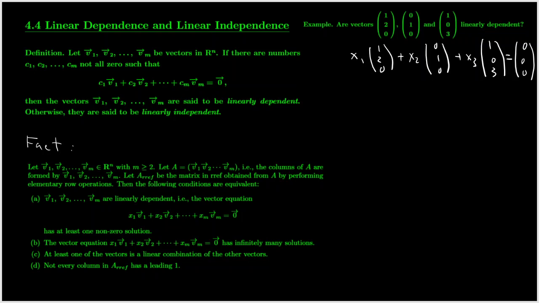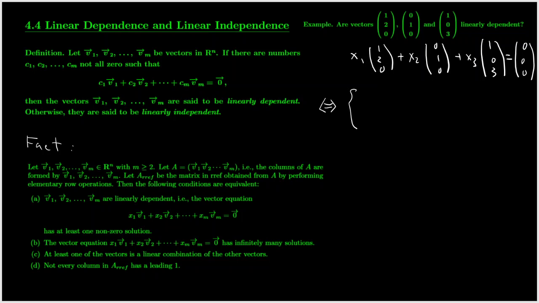In any case, we need to solve the system. So this vector equation determines a linear system. I'm going to run a little bit faster. I think all of you can see what is the system of equations determined by the vector equation.